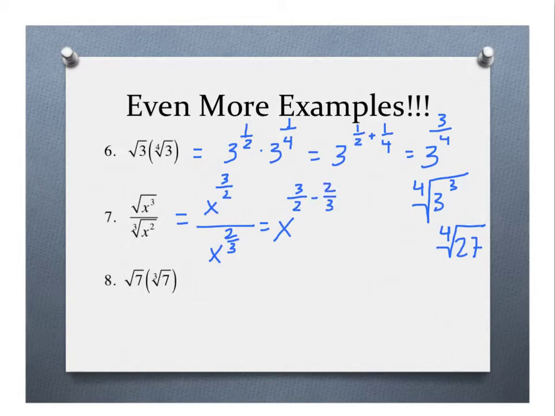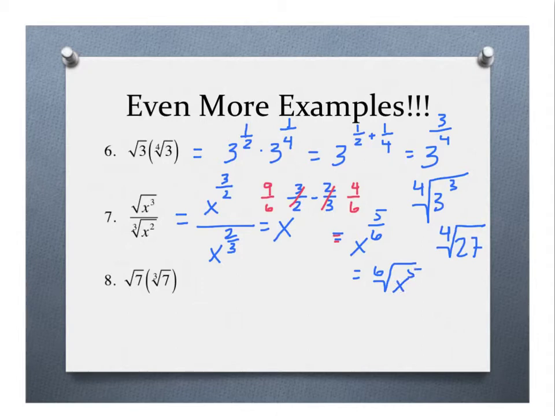Well, that would be the same thing as saying 9/6 minus 4/6, which would give me 5/6. So I'm going to have x to the 5/6 power, or the 6th root of x to the 5th.